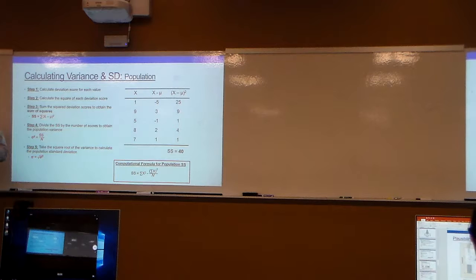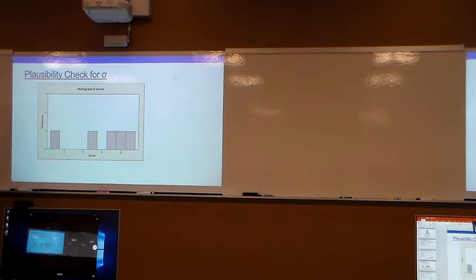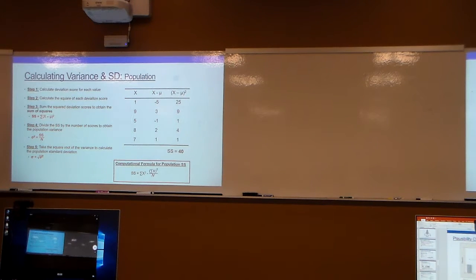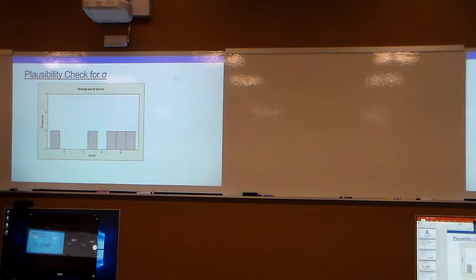So I've gone through and I've calculated some statistical value. First thing you should be thinking in your head is, is this a reasonable value? Okay. If these are my scores, and I'm looking at my scores and I say the mean here is 6.